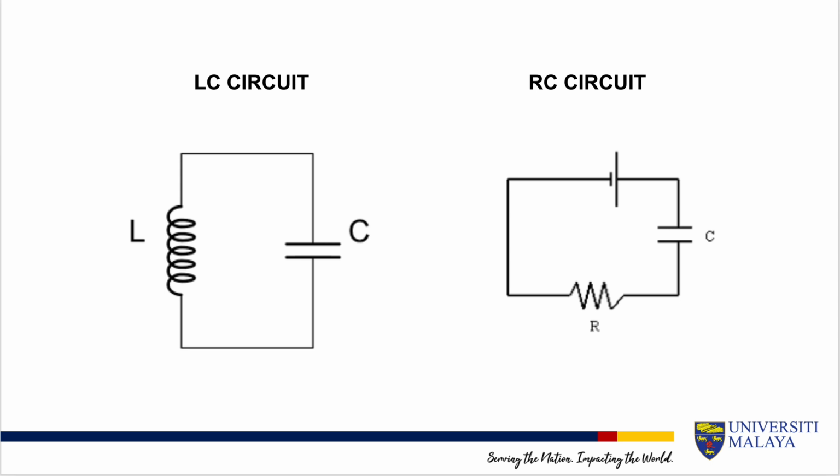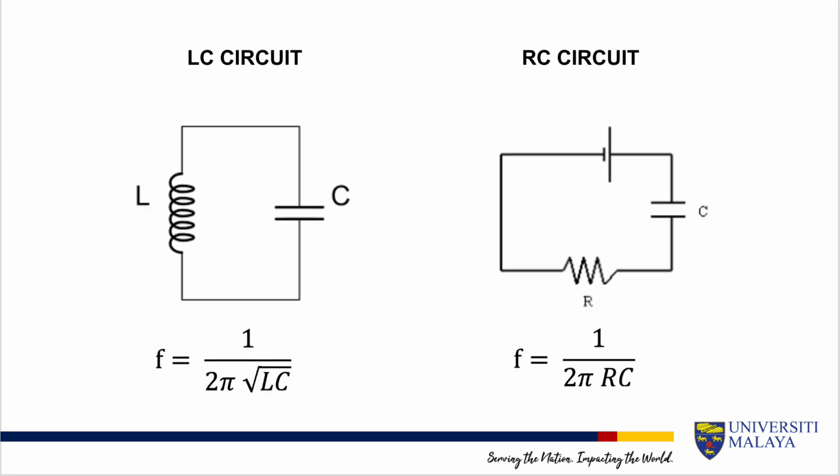When the magnetic field of the inductor collapses, that energy is used to charge the capacitor. So energy is transferred back and forth between the capacitor and inductor, and thus the circuit will generate a sine wave as the energy cycles back and forth.